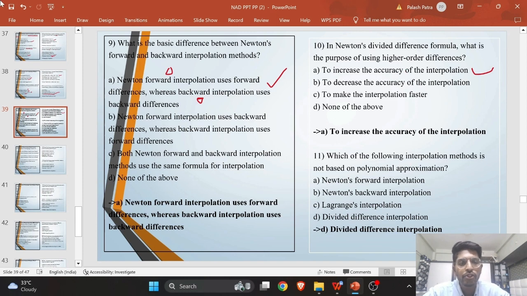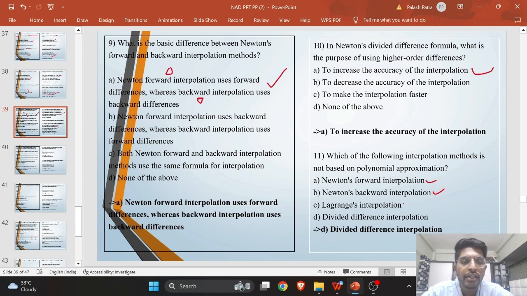Now let's move on to question number 11, which asks: which of the following interpolation methods is not based on polynomial approximation? As we have already seen, in Newton forward we assume a polynomial y equal to f of x, and then use binomial expansion. In Newton backward as well, we assume a polynomial and use the binomial expansion to conclude the result.